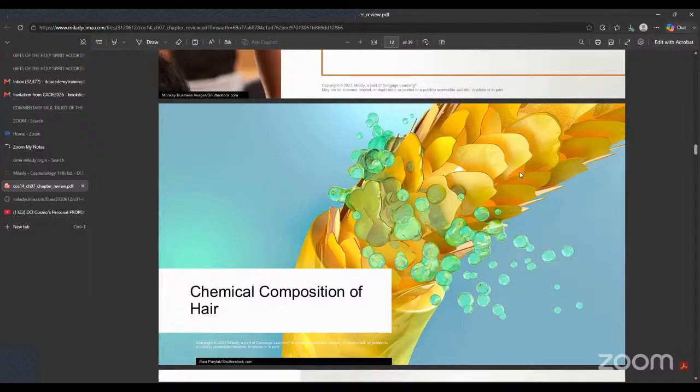I like to use both of them. I'm going to retard the chemical, I'm going to stop it from working, and then I'm going to rinse it out. I'm going to do that process and stabilize about 2 times. Sometimes the coarser the hair, the more you have to do it. But that's the chemical composition of hair.